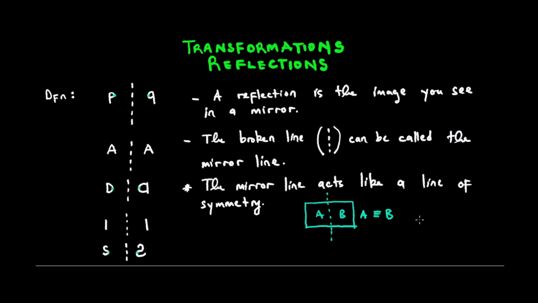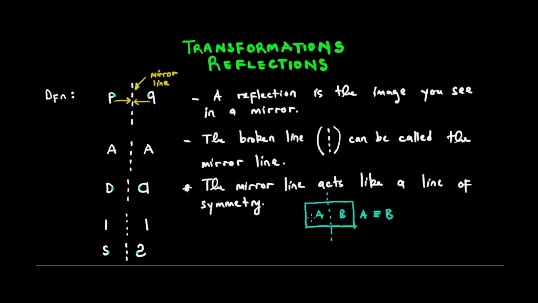Saka tiri kuti that broken line, that mirror line, acts like a line of symmetry. The implication of this iri panapa, the distance between P unoyu kuenda pa line rinoiri should be equal to the distance between P unoyu kuenda pa line apa, kuitira kuti rino line iri rive a mirror line. Manziza?